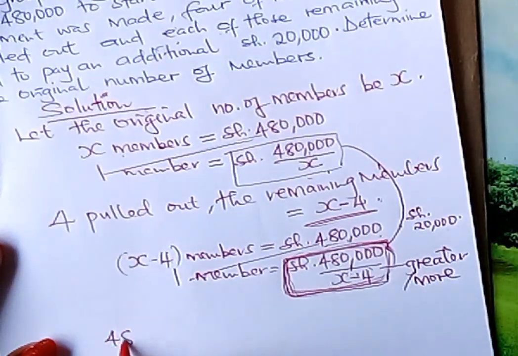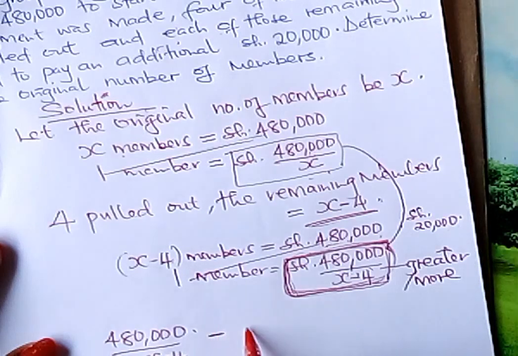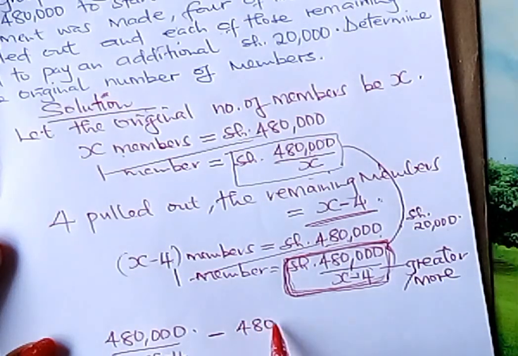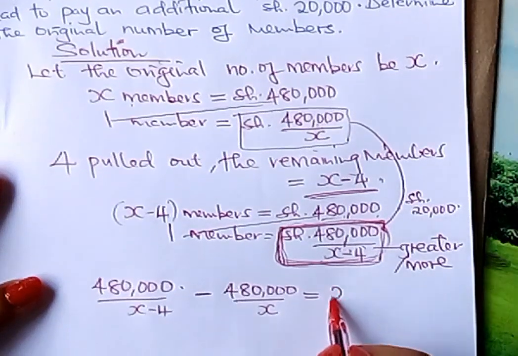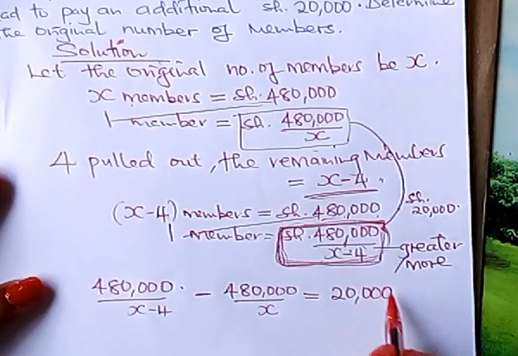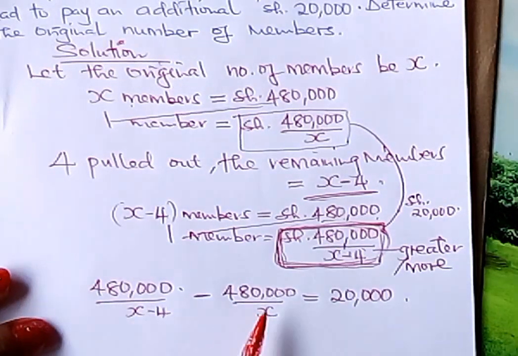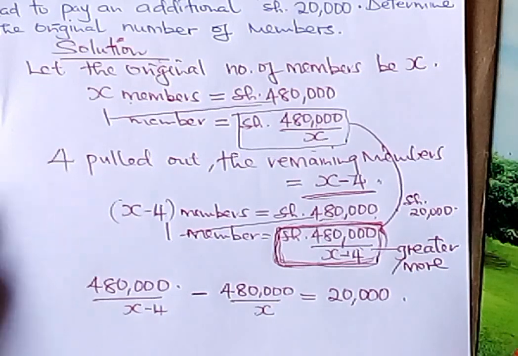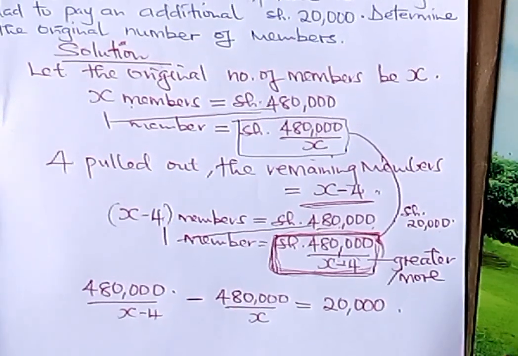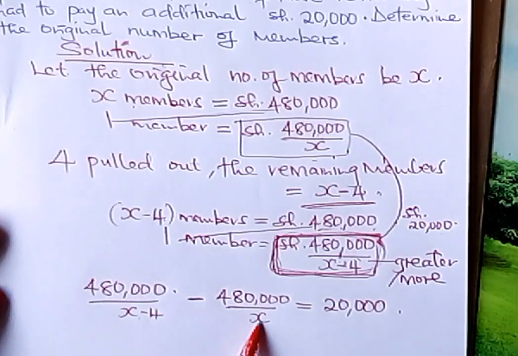So we form an equation. The bigger amount, subtracting the smaller amount, would give us 20,000. It's good to understand that. Here we have an equation, and therefore we remove these denominators by multiplying with the LCM.